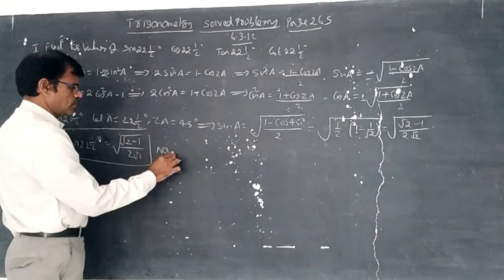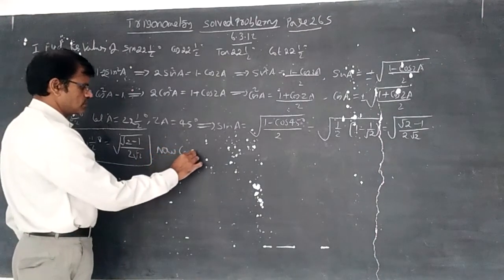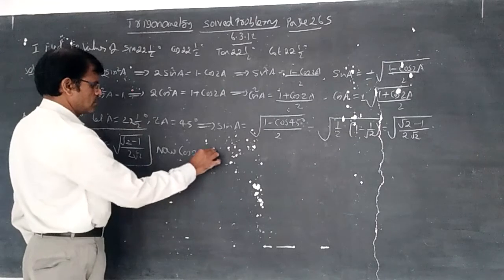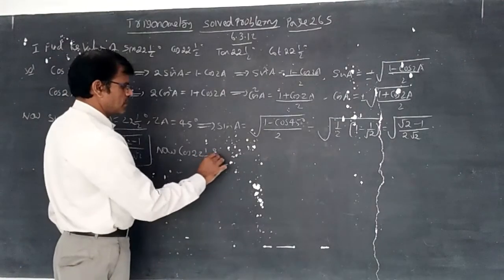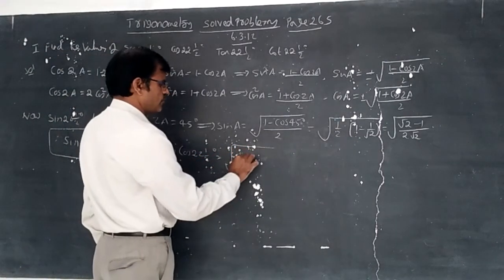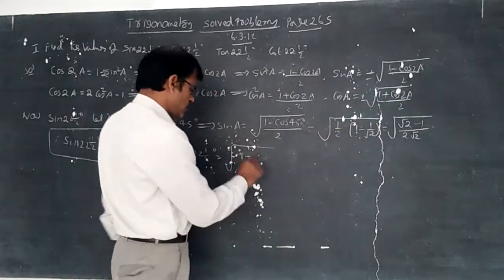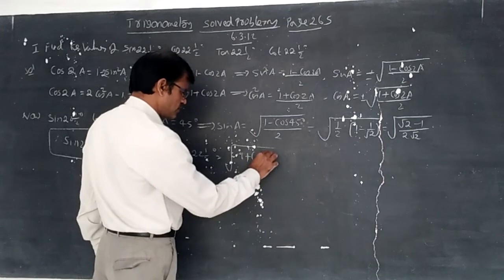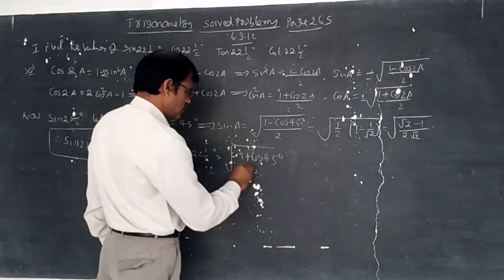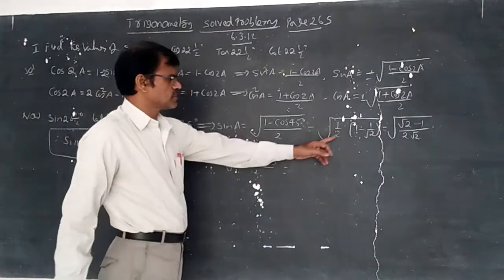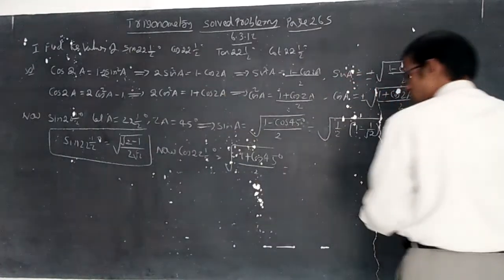Now, cos 22 and half. Using this formula, root of 1 plus cos 2a by 2. So 1 plus cos 45 by 2. In the similar way, 1 by 2 into 1 plus 1 by root 2.